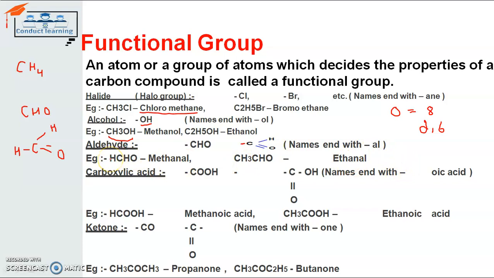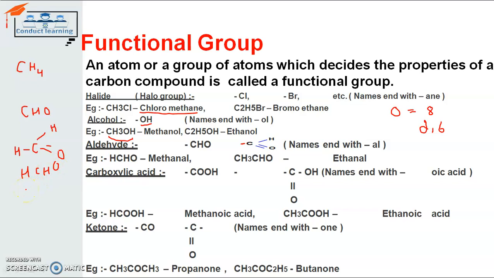The chemical formula for this becomes HCHO. This is for methane. If the same example is for ethanal, how will it be written?